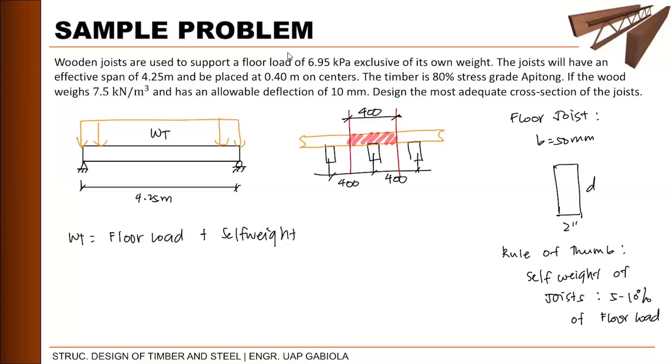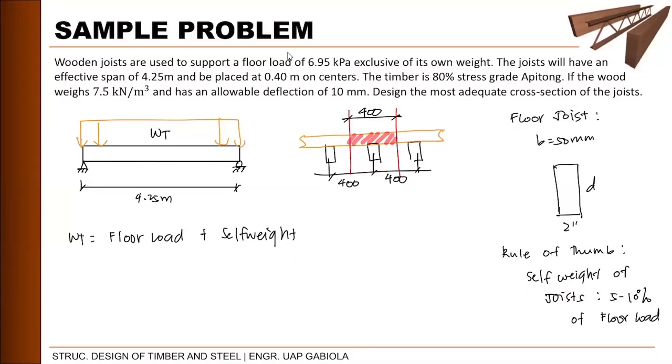Okay? So, sabihin, pwede mong multiply ng 1.1 kung 10% ang i-assume ko. Multiply ko ng 1.1 yung 6.95 kPa na weight and then para ma-consider mo na yung self-weight niya. Okay? So, let's try siguro parehas.